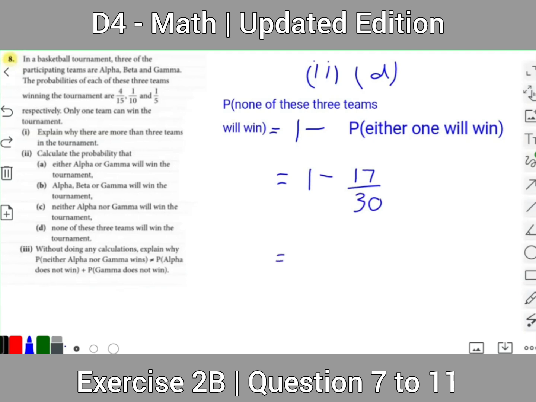Now we have 30 minus 17 over 30, and after subtraction we have 13 over 30. So the probability that none of these three teams will win is equal to 13 over 30.